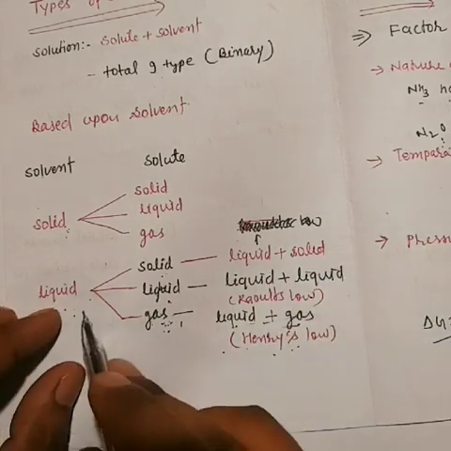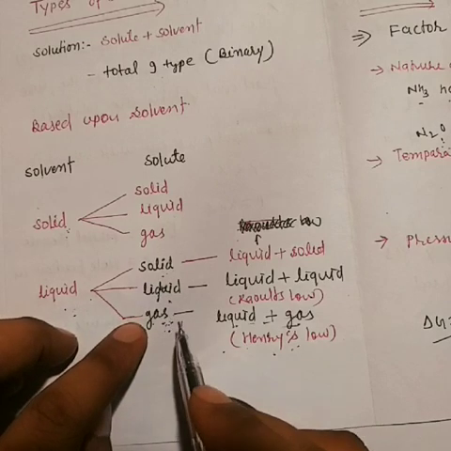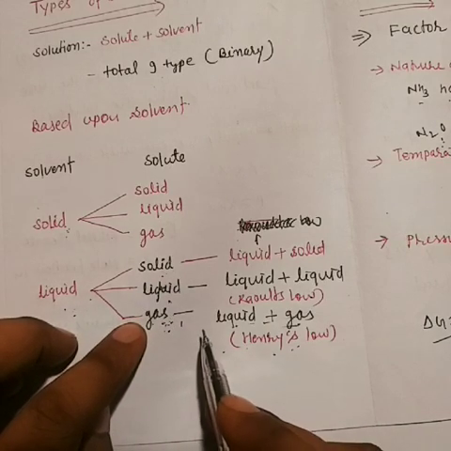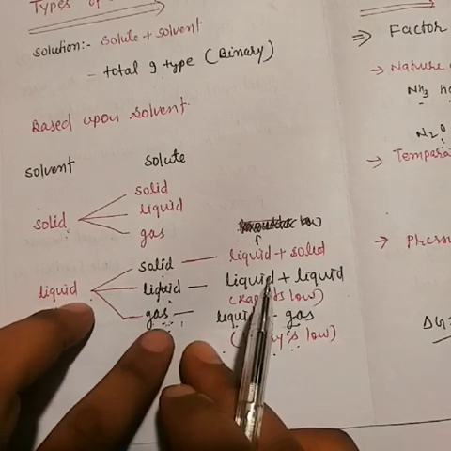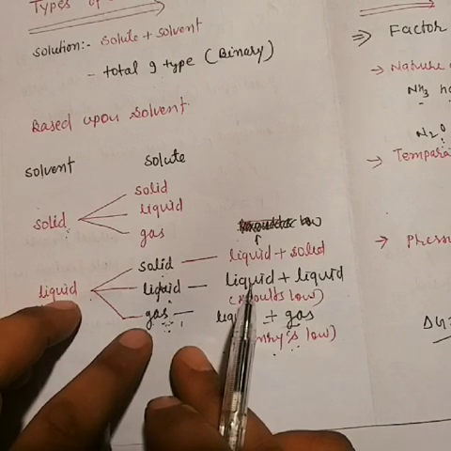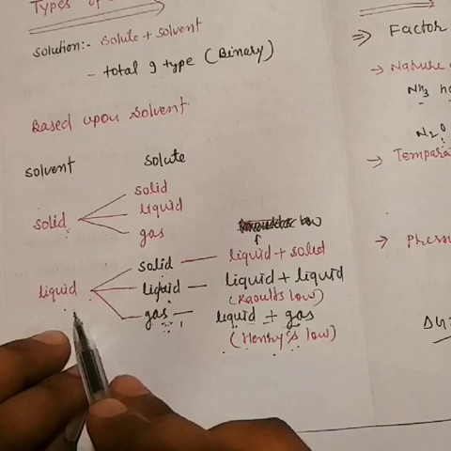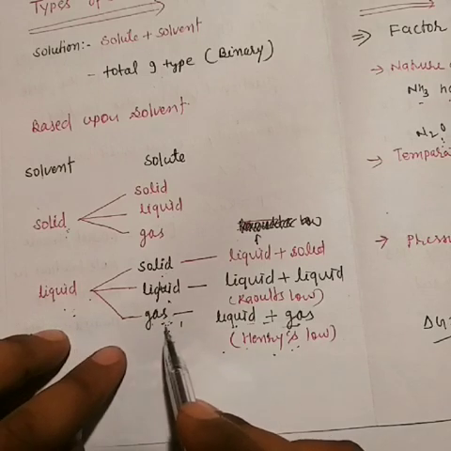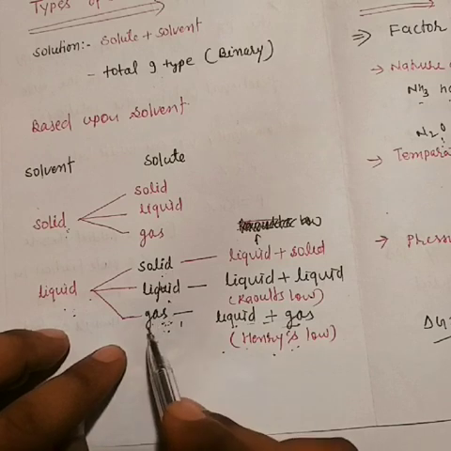So we need liquid and gas, because Henry discovered this particular segment. That means solutions having one liquid solvent and one gaseous solute. This is very important.